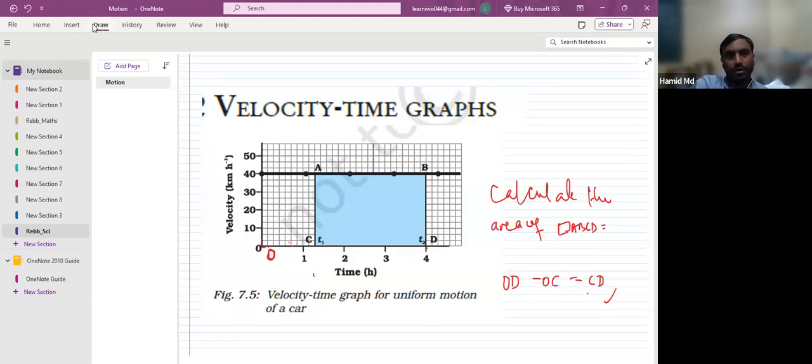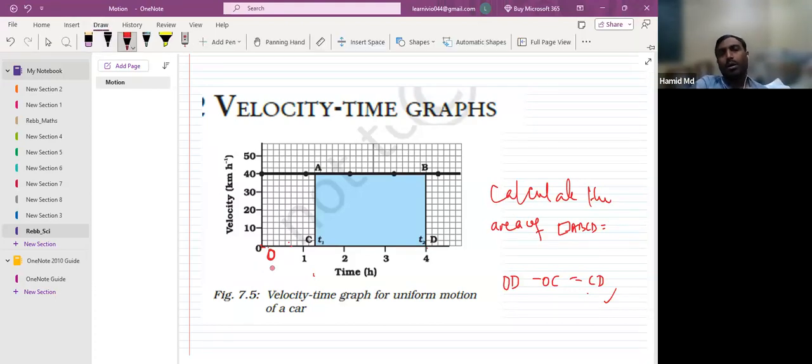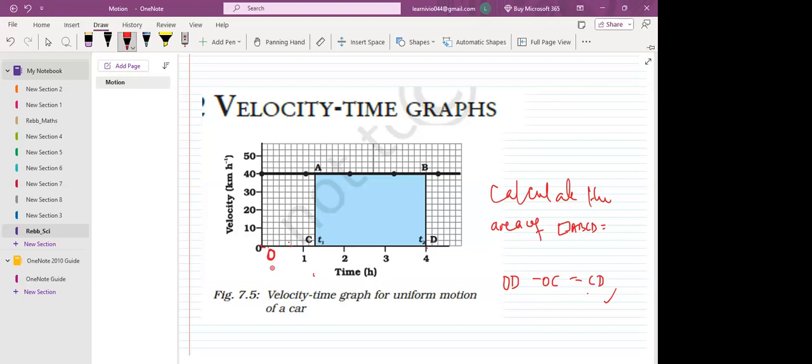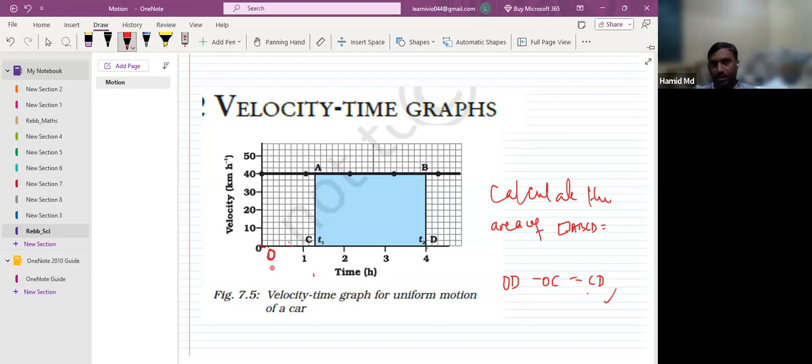My question was, what will be the length of the velocity axis or y-axis? How will you calculate the length of the y-axis? The length will be 40 kilometer per hour. Okay, leave the number, just tell me in symbols like OA, OB, OC.